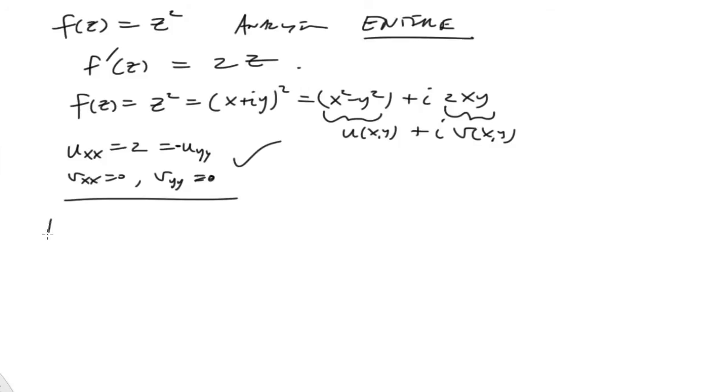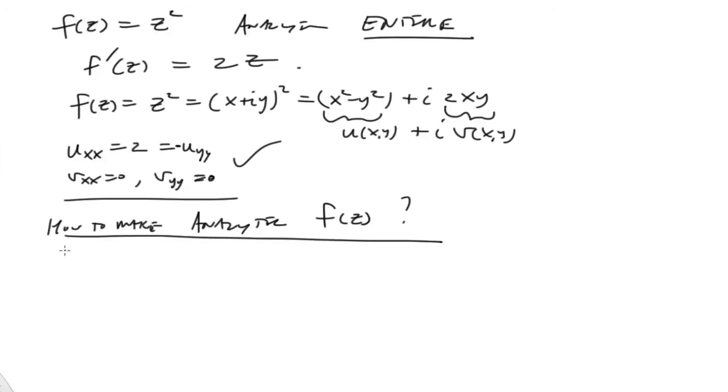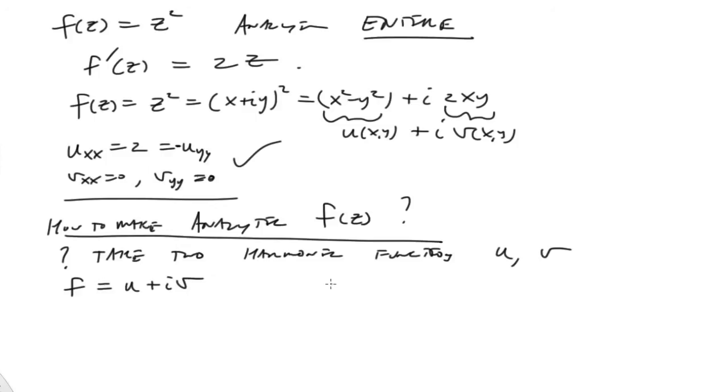So how do I make analytic functions? The question then is, if I just take two harmonic functions, we'll call them u and v, that satisfy Laplace's equation, and I just stick them together in a complex number like that, will it be analytic?